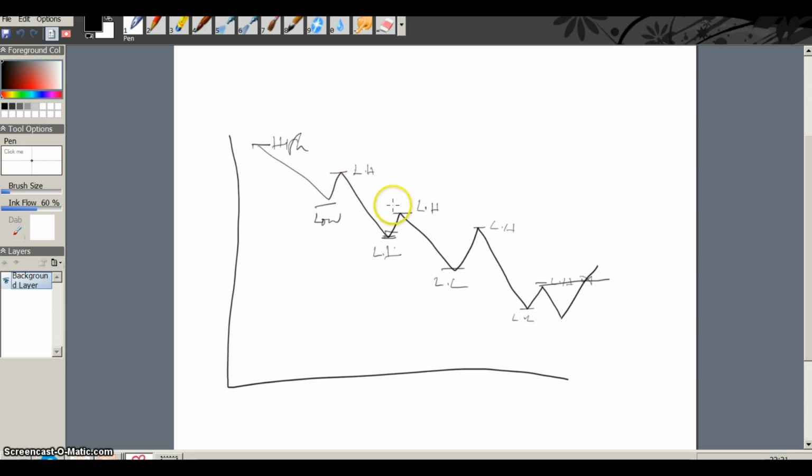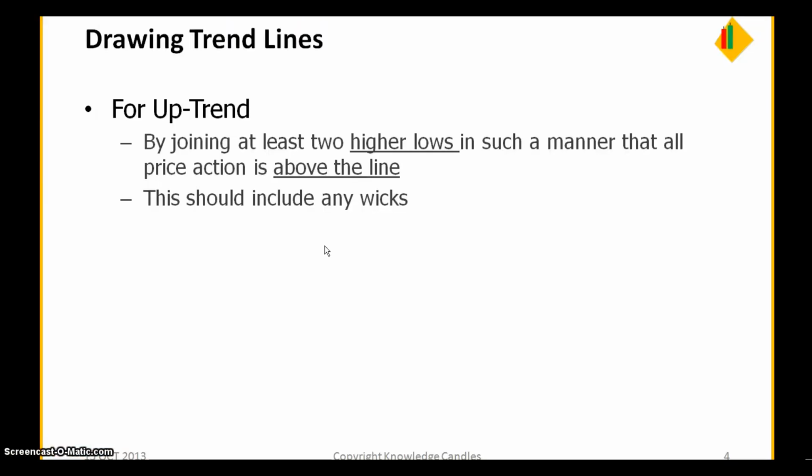If I picked up these 2 points, then probably the line will cut through this price structure. So that's not valid. Going back to my slides, for an uptrend, join any 2 higher lows in such a manner that all price action is above the line, including wicks. And for a downtrend, join at least 2 lower highs in such a manner that all the price action is below the line. Okay, so that's how you draw trend lines correctly.